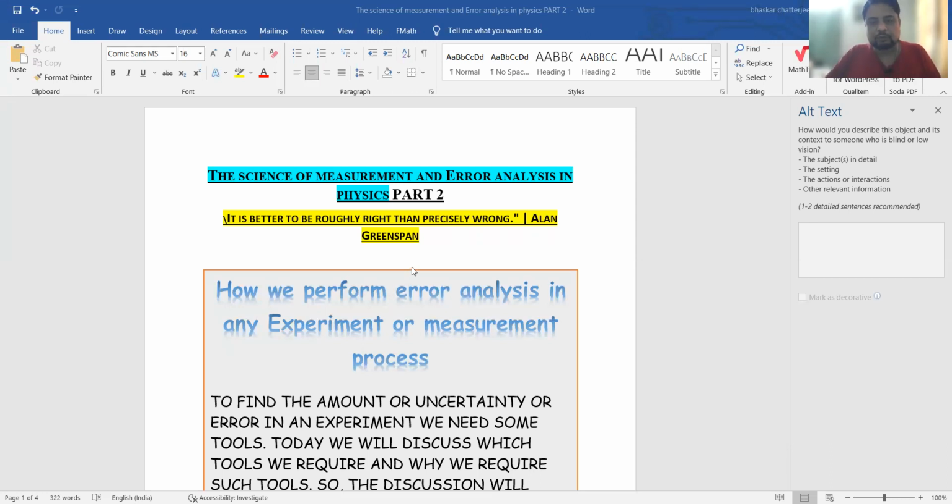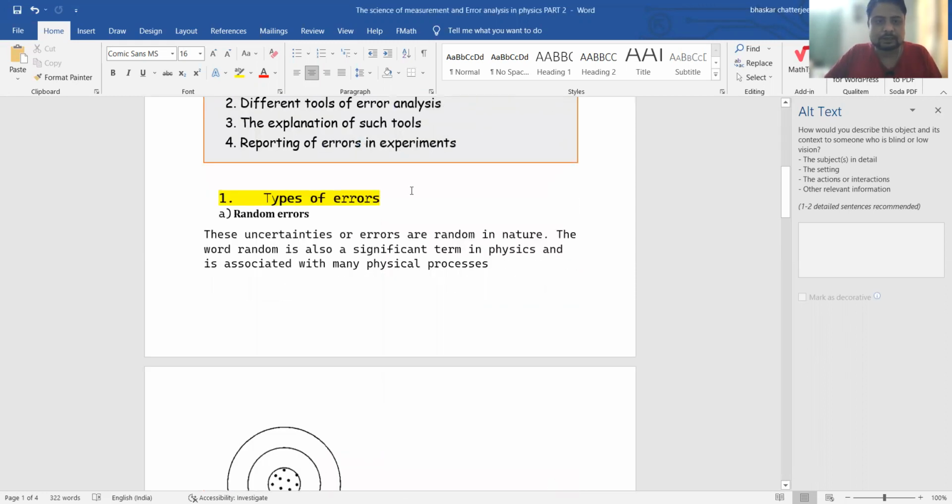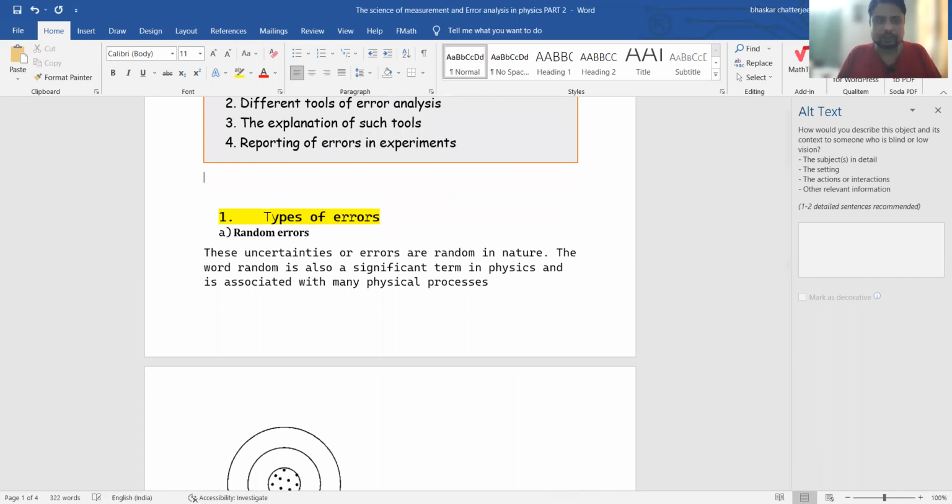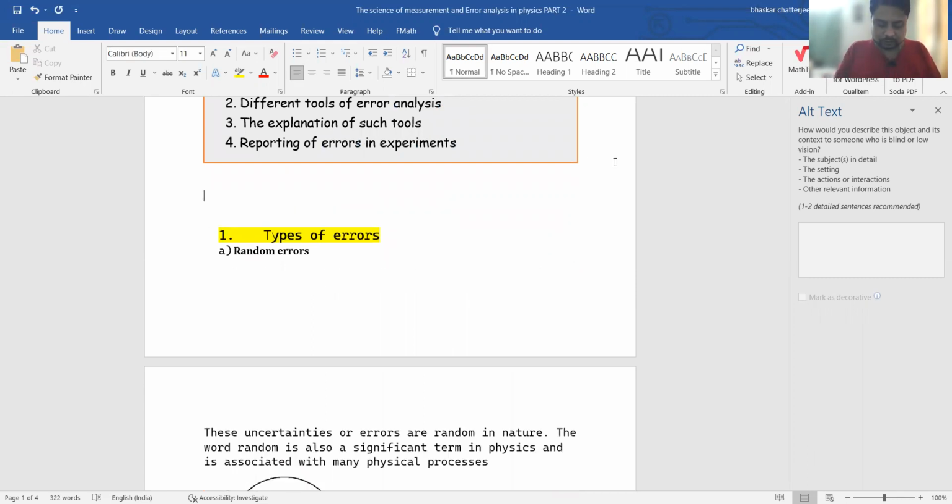Now, what is error analysis? If we try to define this term, error analysis consists of calculating the magnitudes of these deviations. Error analysis is the technique of measuring the amount of uncertainty or error in any experimental process.